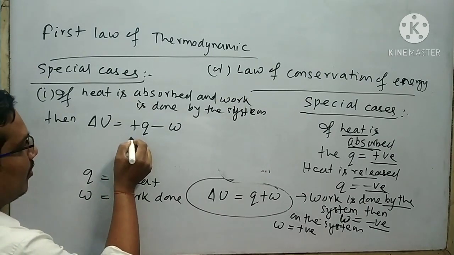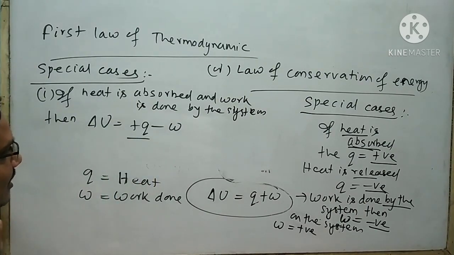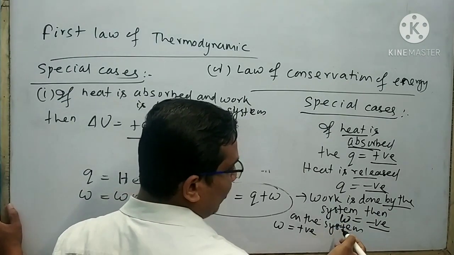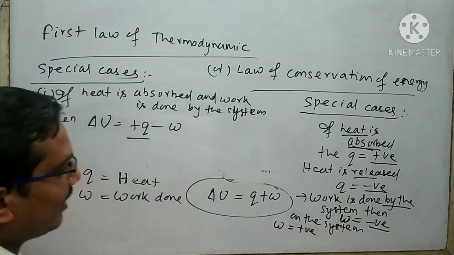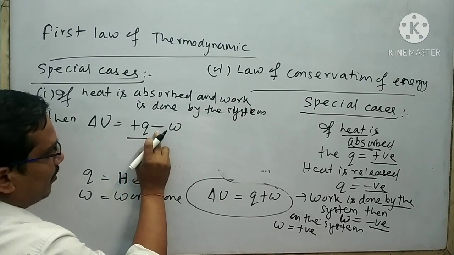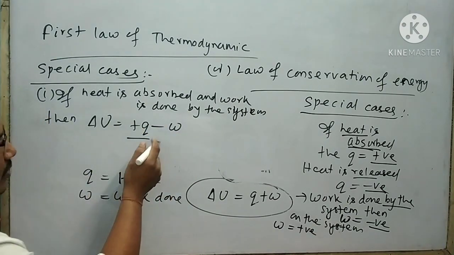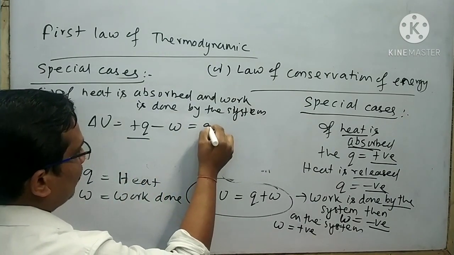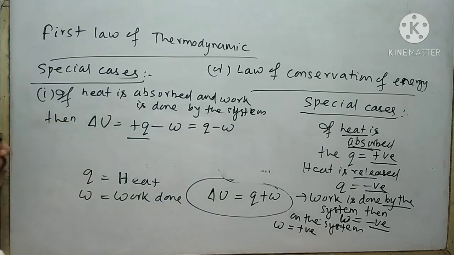Look, here plus Q is written. If work is done by the system, then the value of W is written with a negative sign. So here we are bound to write minus W. That means we can write simply del U equals Q minus W.